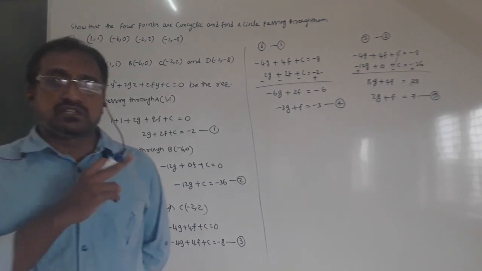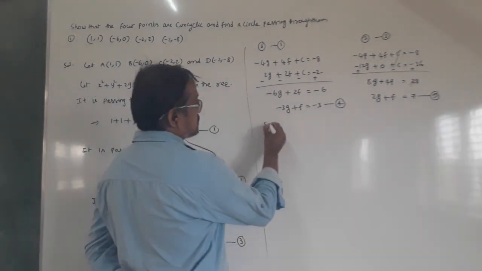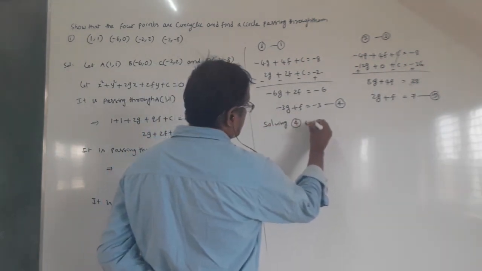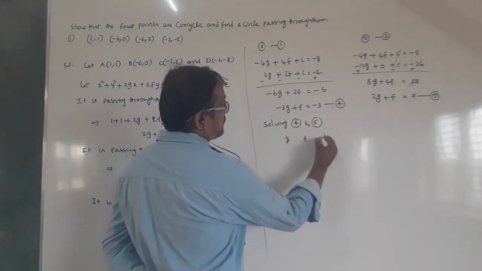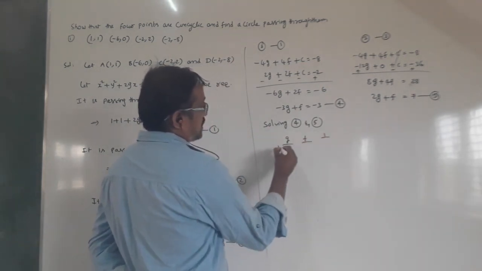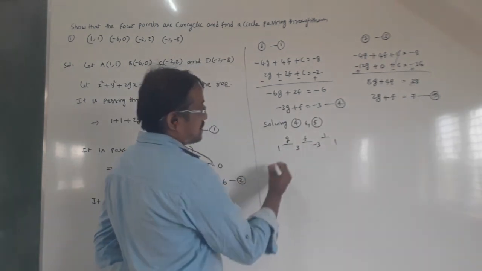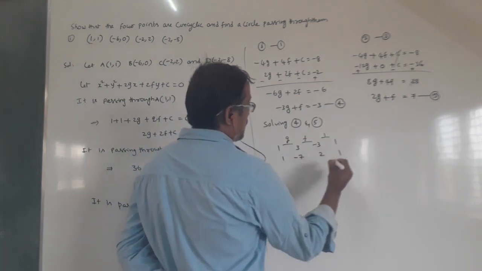Now by solving those two equations you will get g comma f. So solving equation 4 and equation 5. g, f, 1; 1, minus 3, minus 3; 1, minus 7, 2, 1.